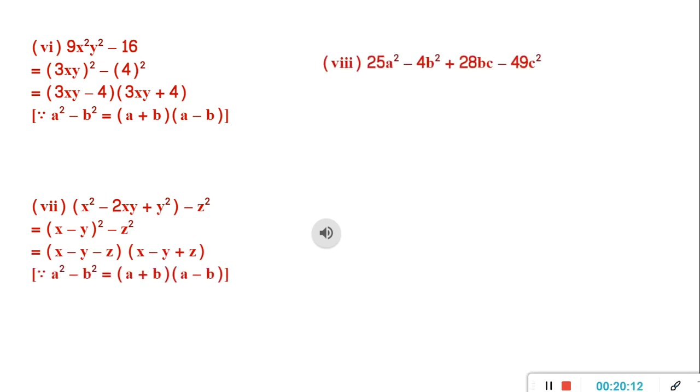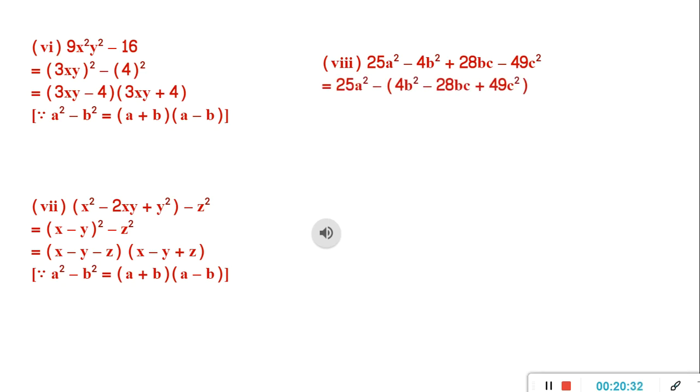25 a raised to 4 minus 4b square plus 28 bc minus 49 c square. So here we can see that the first one is 5a whole square, right? Now next section we can put in a bracket, that is 4b square plus 28bc minus 49c square.